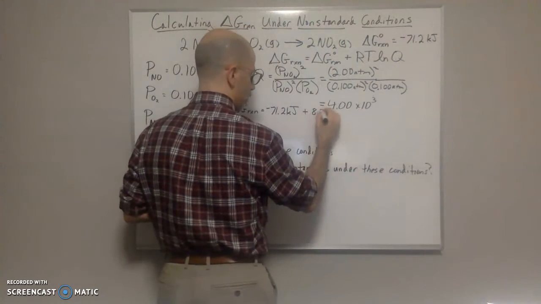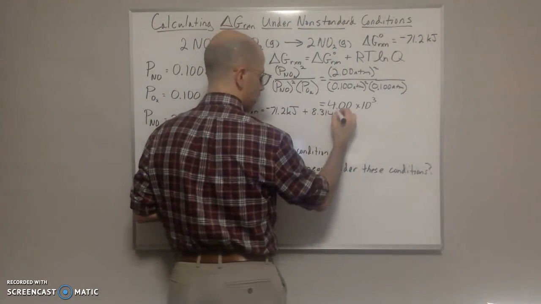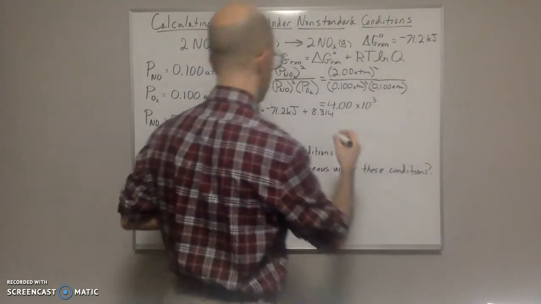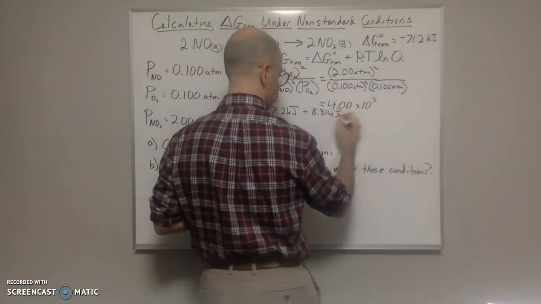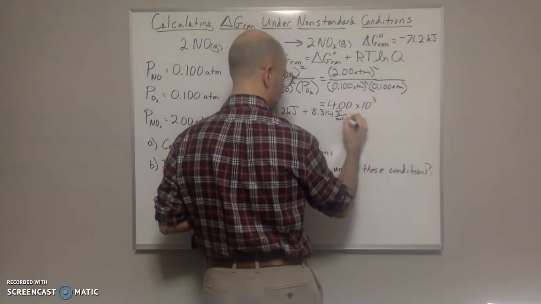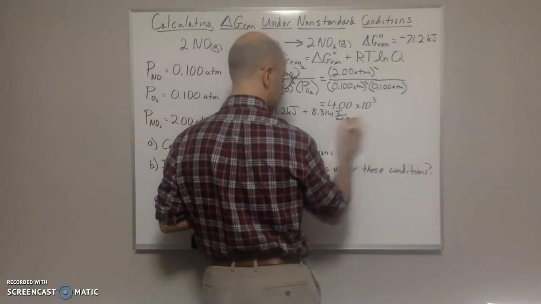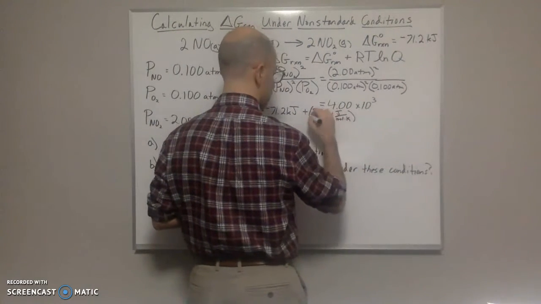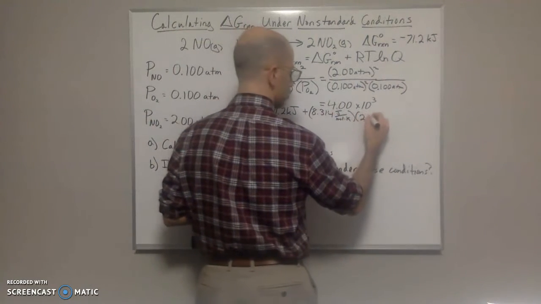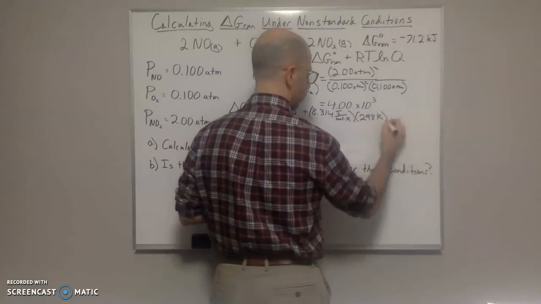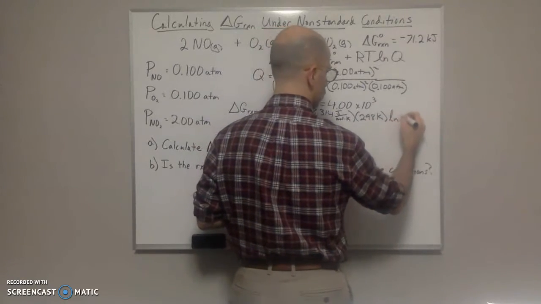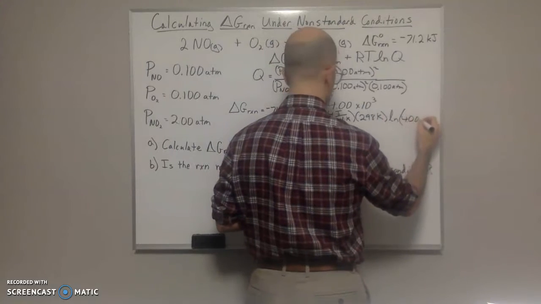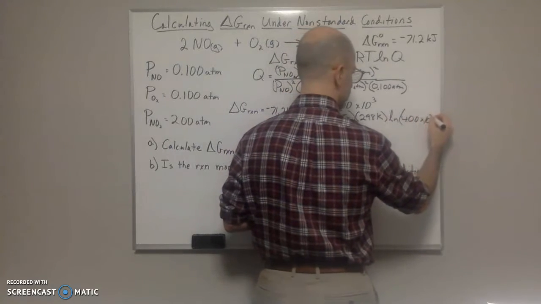Let me double check the units: it's joules per mole Kelvin. Then we multiply by the temperature, which is 298 Kelvin, multiplied by the natural log of Q, which we just found is 4.00 times 10 to the third.